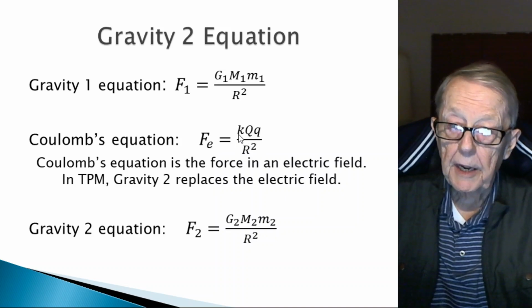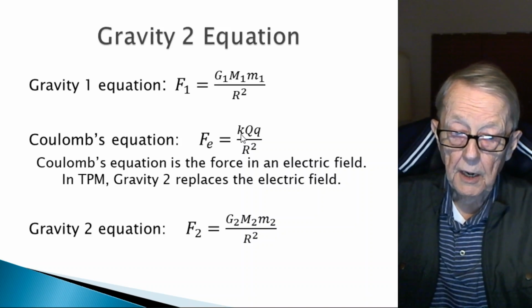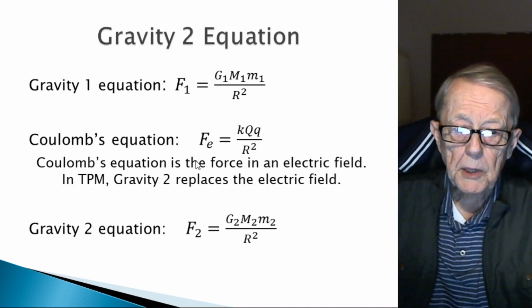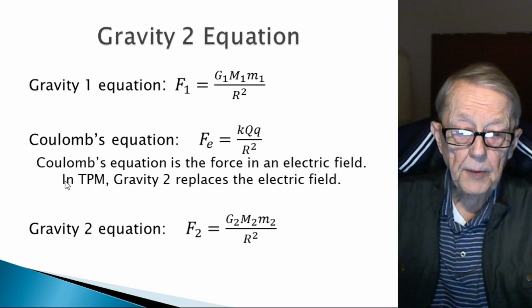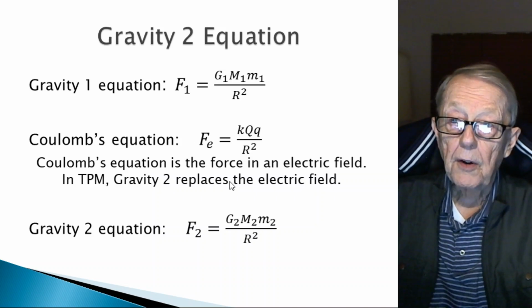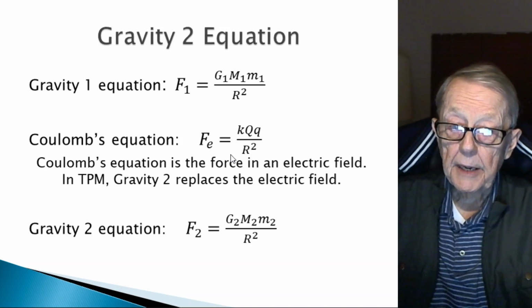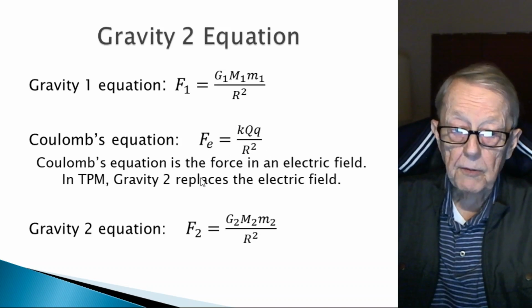And there is a constant, this is K also, just like the torsion constant, but this is the constant for Coulomb's equation. Coulomb's equation is the force in an electric field. In the particle model, gravity 2 replaces the electric field. There are any number of applications where the G2 force applies in explaining the physics of something, and it is exactly in the same place as Coulomb's electric force.